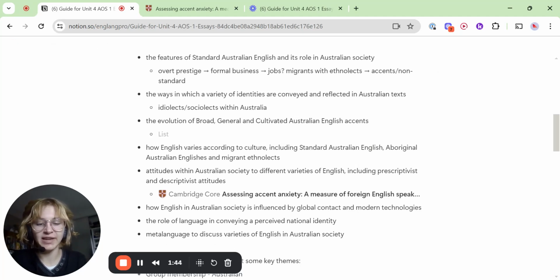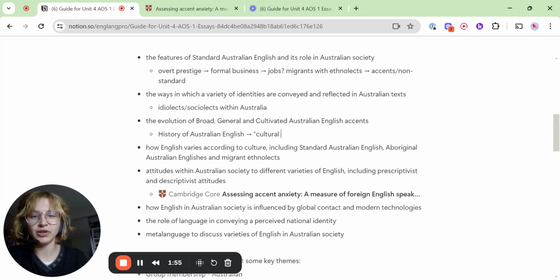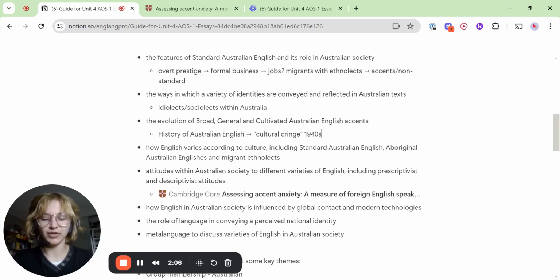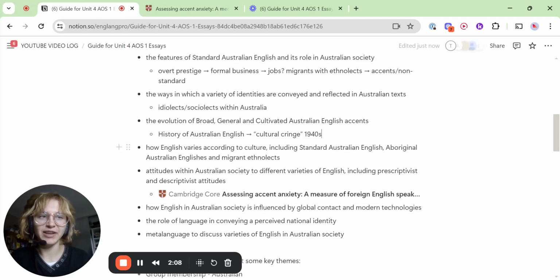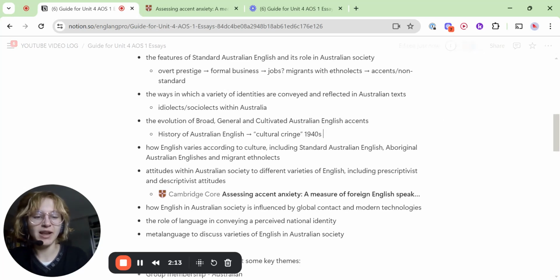I really recommend reading things about the history of Australian English, because you learn about things like cultural cringe, which is the idea that we used to have in the 1940s and 50s, where the Australian population at the time were very proud of, and I'm talking about the Australian population which originally came from England, I'm not talking about Aboriginal people here at all.